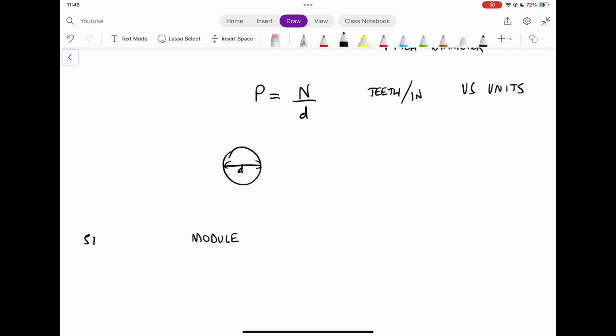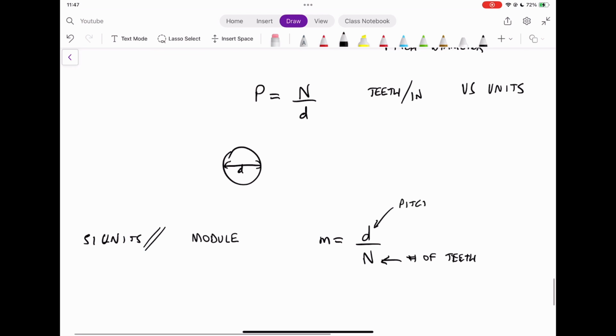Now, in SI units, we also have a concept similar to diametral pitch, but of course, things are different between US units and SI units. In SI units, they use a module, which is lowercase m, equal to the pitch diameter divided by the number of teeth. So it's essentially the exact opposite of diametral pitch.